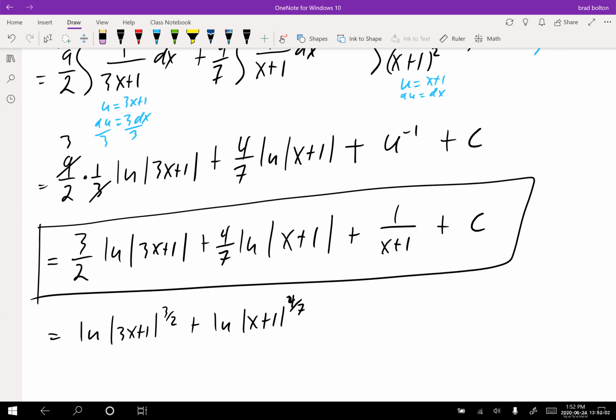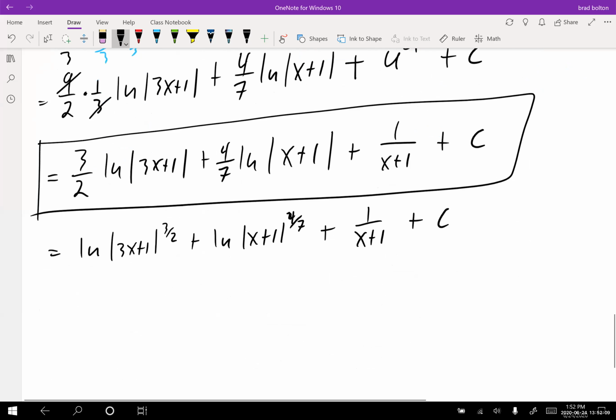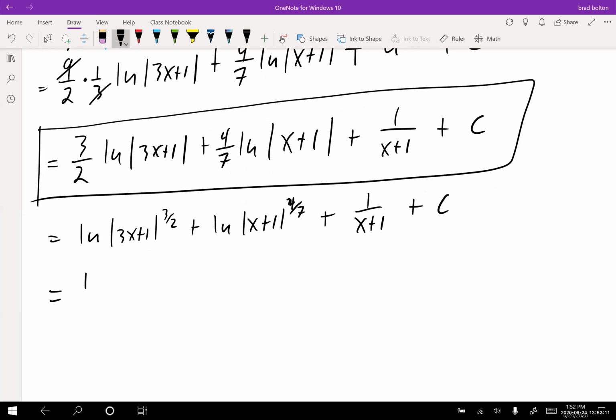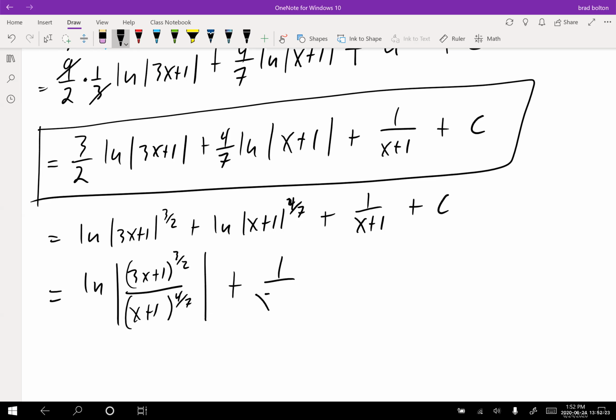So I have to move those back up to the exponent, plus 1 over x plus 1 plus c. So then the book may ask you to then do this. Okay, so that's how they might ask you to clean it up.